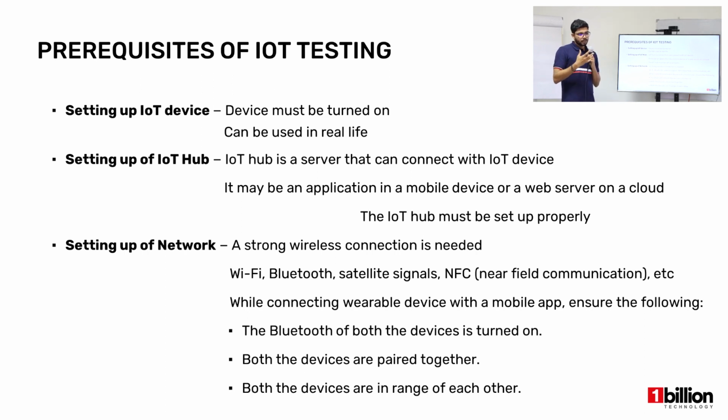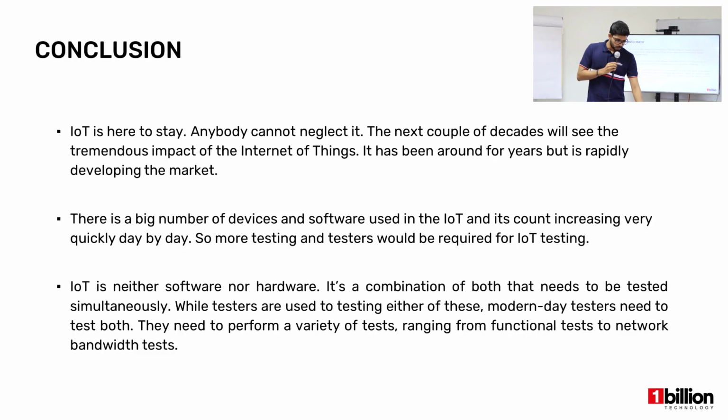So when we are connecting wearable devices with the mobile app, we must ensure that Bluetooth of both devices is turned on, both devices are paired together, and both are in range of each other. Those are the prerequisites of testing.